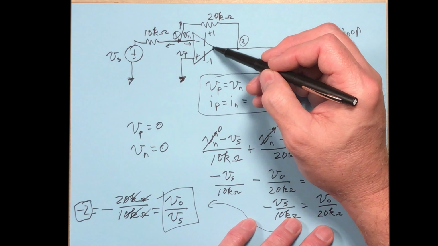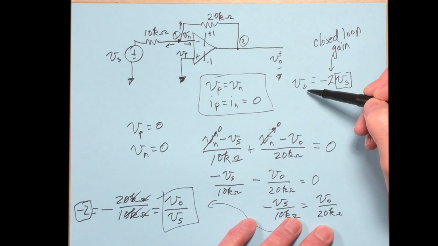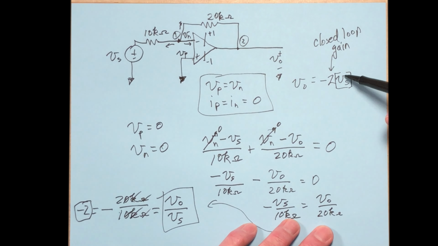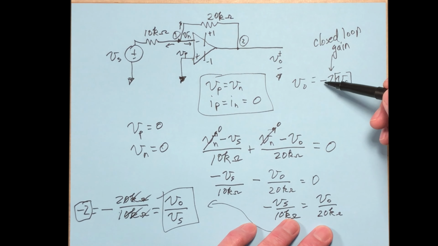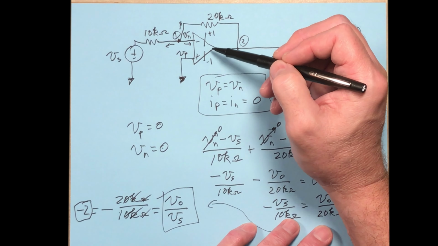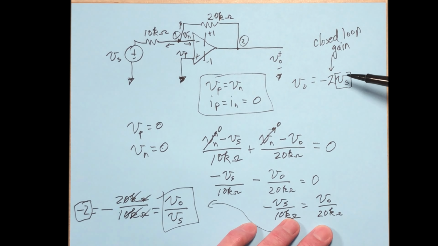That's outside the range here. So the output would be minus 1 volt in that case. But if V sub S were, let's say, 0.25, then 0.25 times 2, that's going to be minus 0.5, and that's within the range. So that would be a good output. It would be in the linear range.